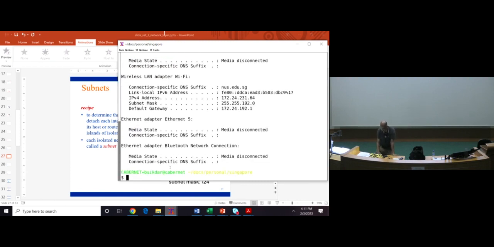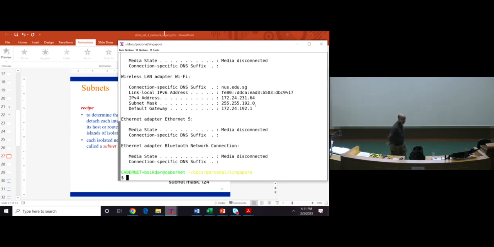So if you look here, it says my IP address is 172.24.231.64, right? And it also says that my subnet mask is 255.255.192.0. So what is the subnet mask?